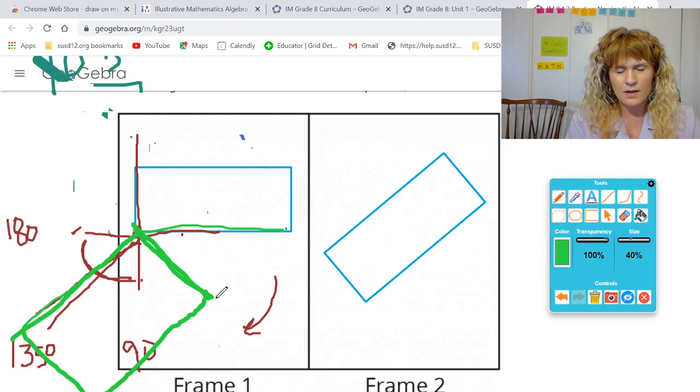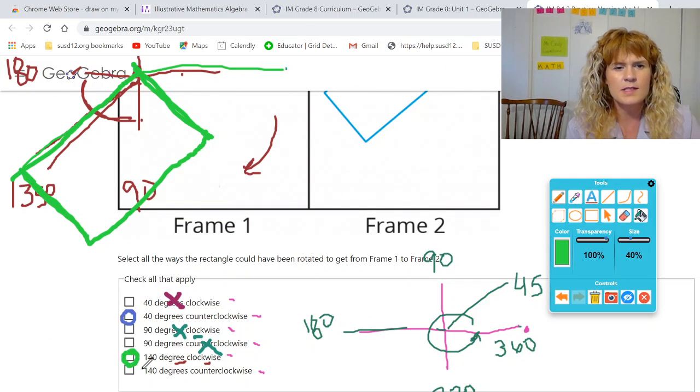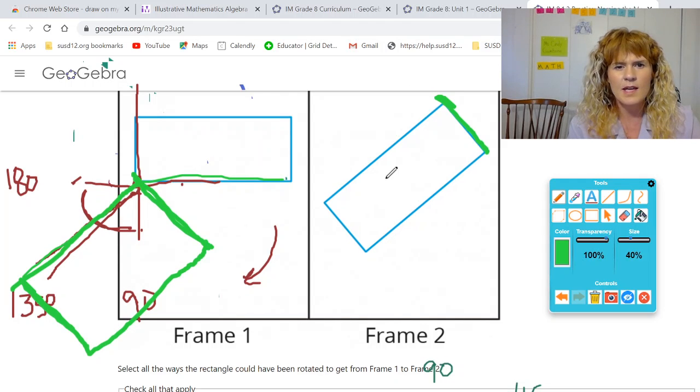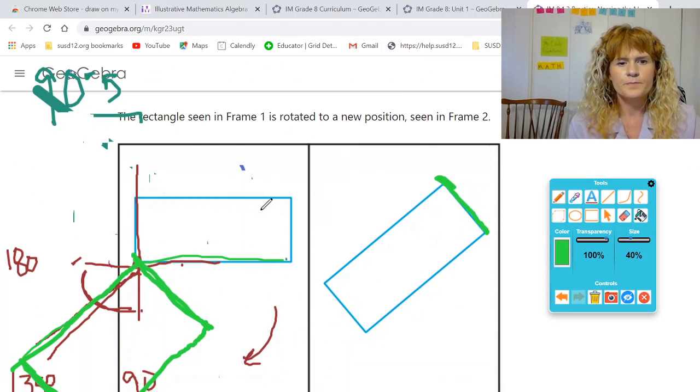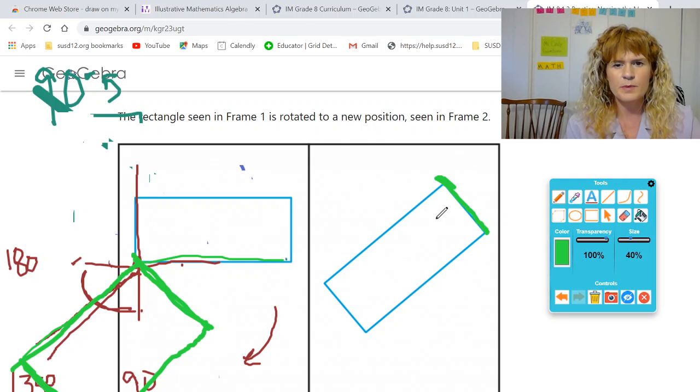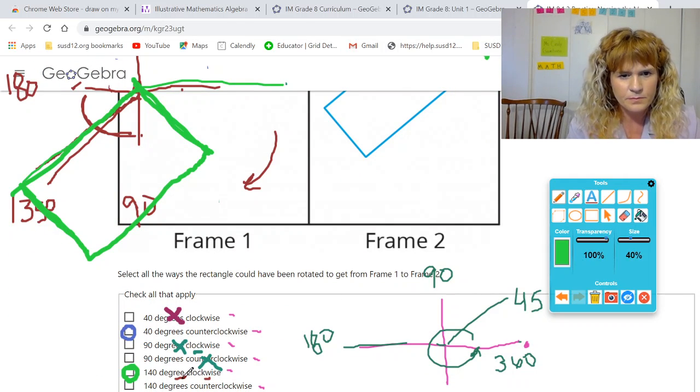This side of the shape and this side of the shape seem to be parallel. So I say yes, 140 degrees clockwise does give me the same shape. If you rotate it, then the new position is 140 degrees clockwise, as we see.